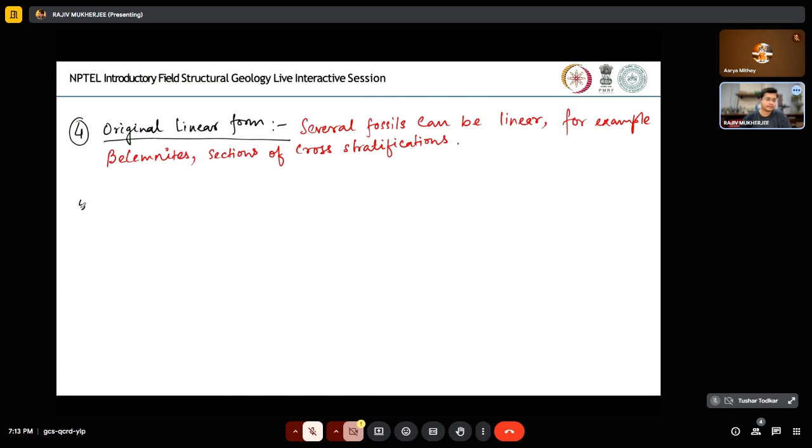And then bilaterally symmetrical objects.